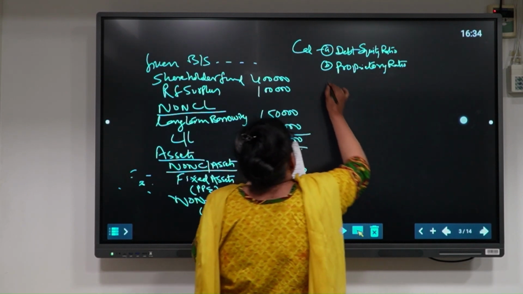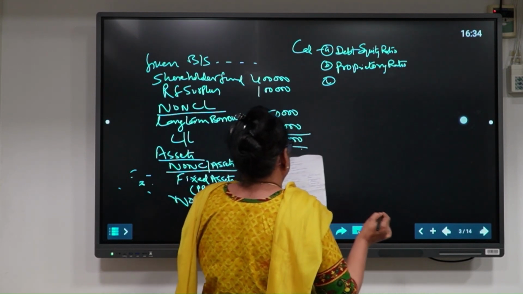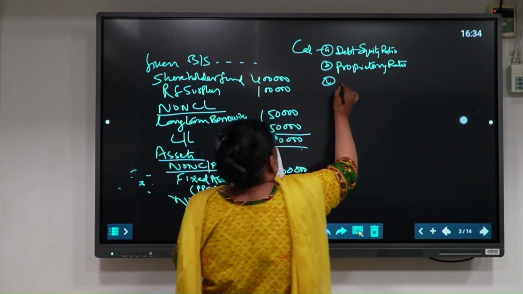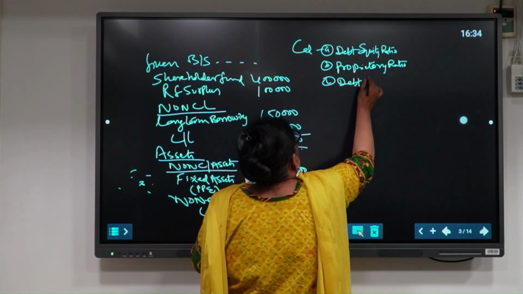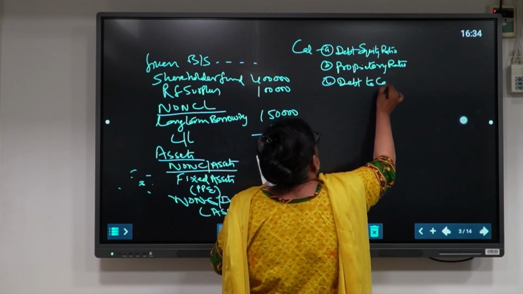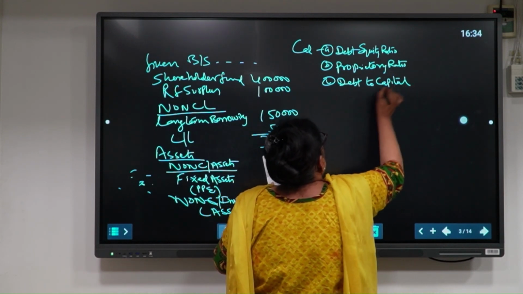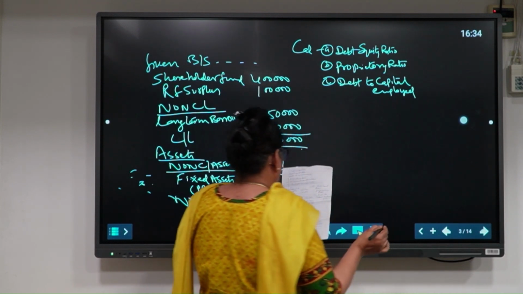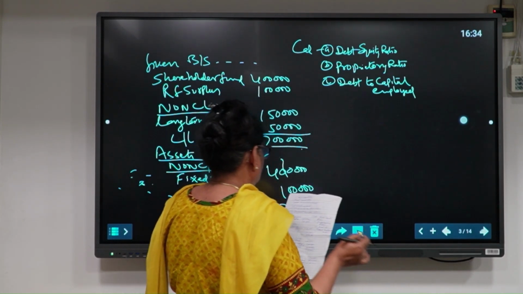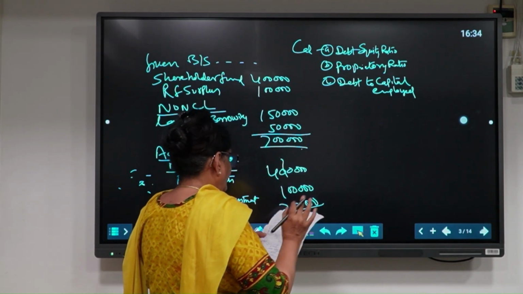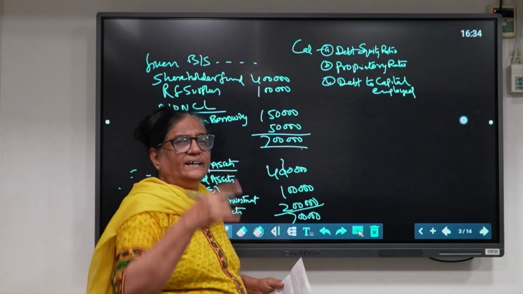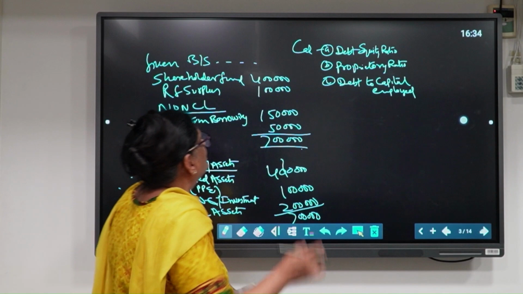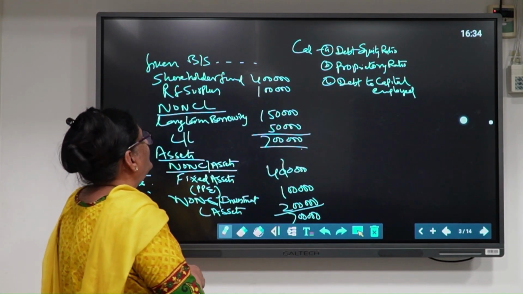I'll tell you what to be taken in proprietor ratio. Then debt to capital employed. Debt to capital employed. Then percentage is not given. Interest coverage I will do in the next problem for you. So these are the ratios which we have to find out.